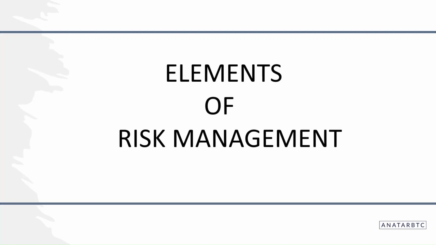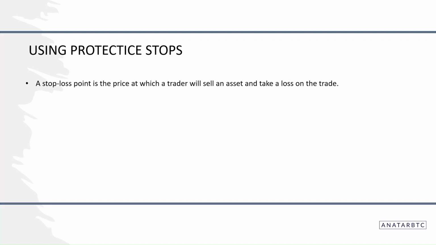Now let's study some elements of risk management one by one to see how do we manage risks. First thing is the use of protective stops. Protective stops are nothing but stop losses that we apply on our trades. A stop loss point is basically the price at which a trader will sell an asset or buy an asset and take a loss on that trade.